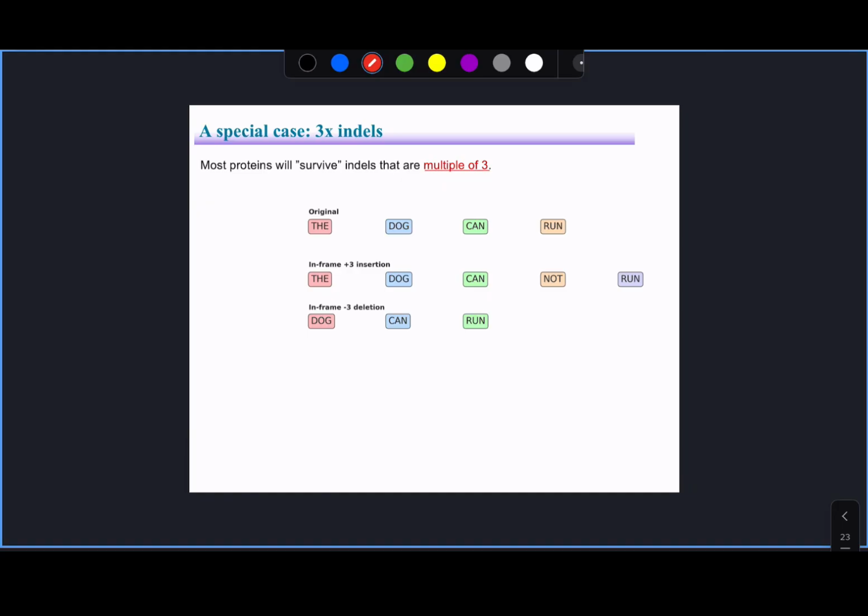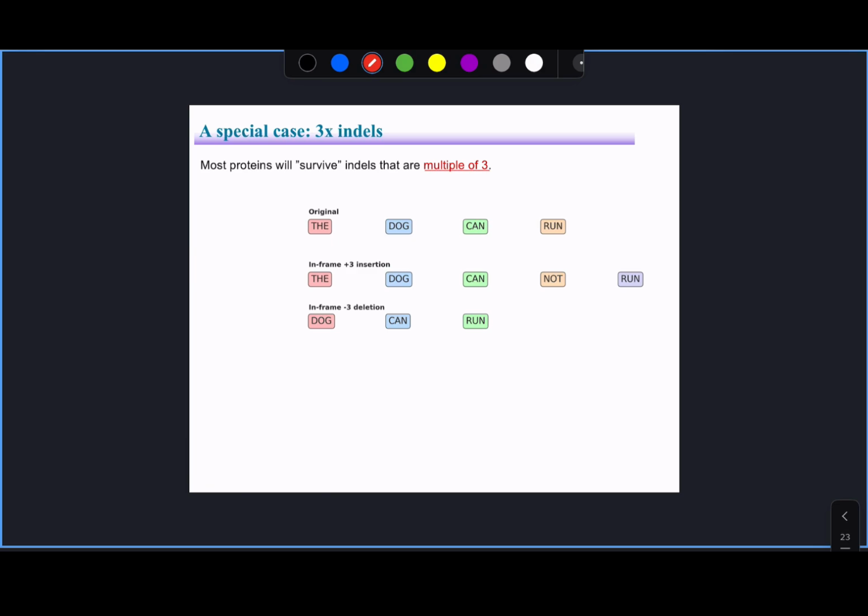If we have an in-frame plus 3 insertion, meaning we've inserted 3 nucleotides right in between 2 pre-existing ones, let's say we insert the codon not, now the message changes. But it's not the end of the world. Now we're saying dog cannot run. Okay. It's still a phrase, right? We can still make sense of it. It changed, but we can still make sense of it.